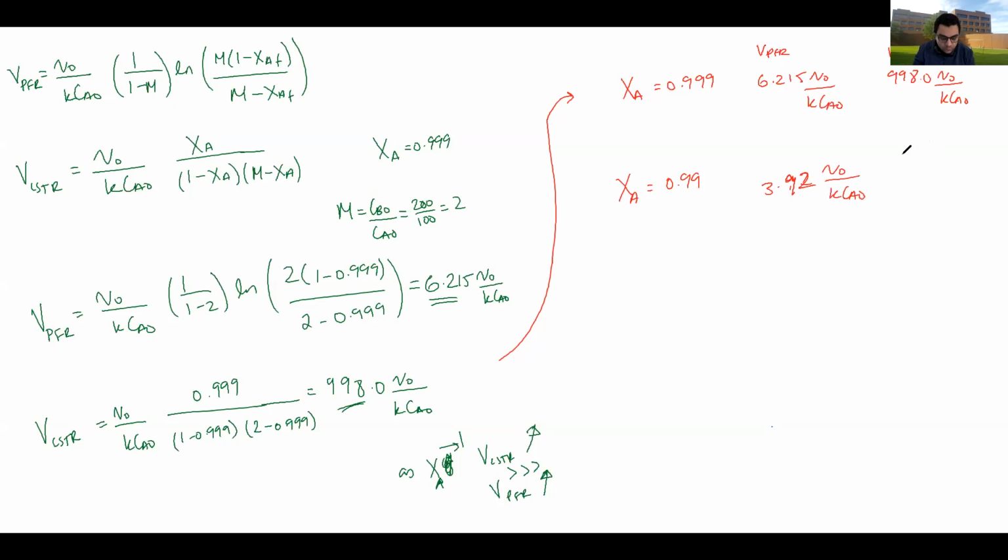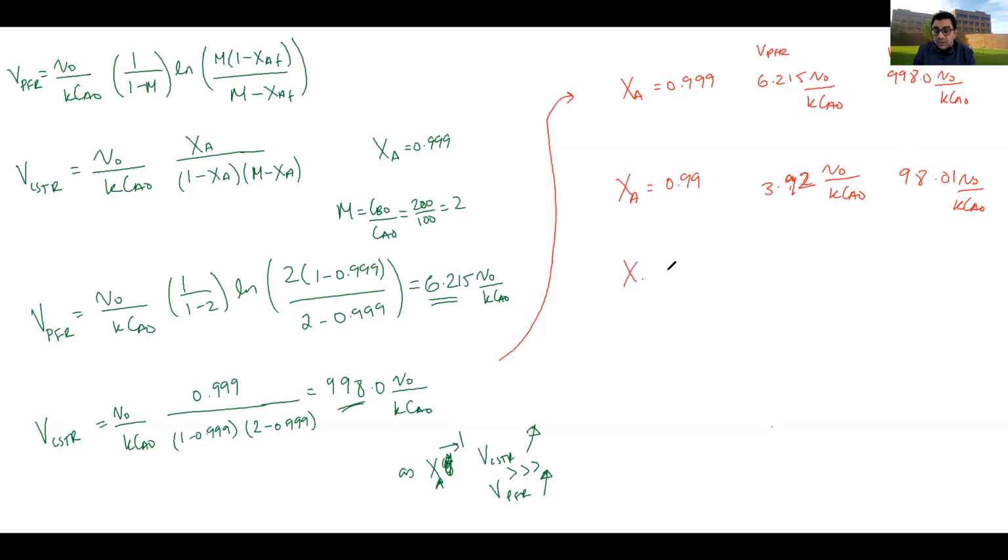And for the CSTR, 0.99 divided by 1 minus 0.99 and divided by 2 minus 0.99. This number becomes 98.01 V naught over KCA naught. And as you can see, this difference has now significantly dropped, right?